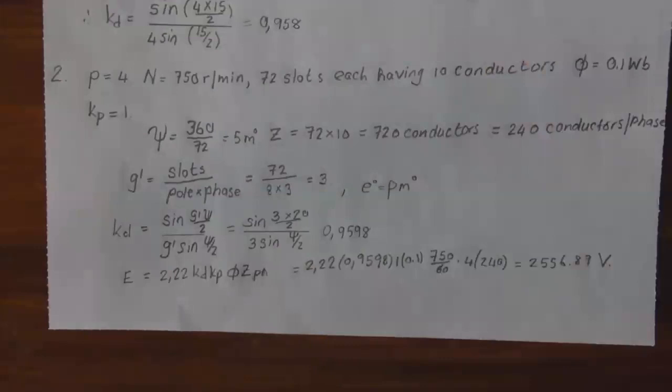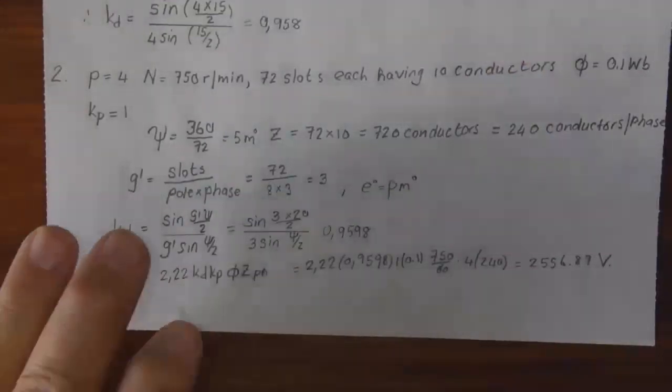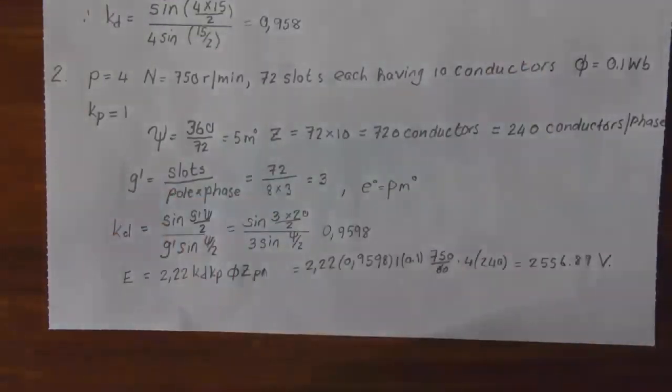So that's 2,22 times 0.9598 times 1 times 0.1 times 750 divided by 60 times 4 times 240. That gives us 2556.89 volts. Okay, now you can do that exercise further on.